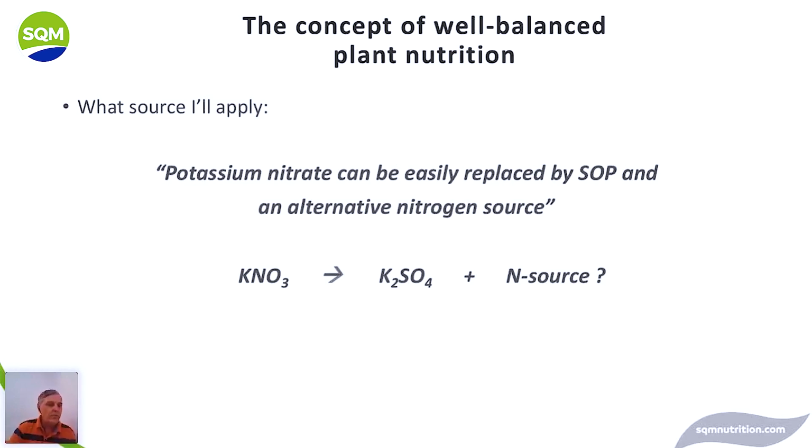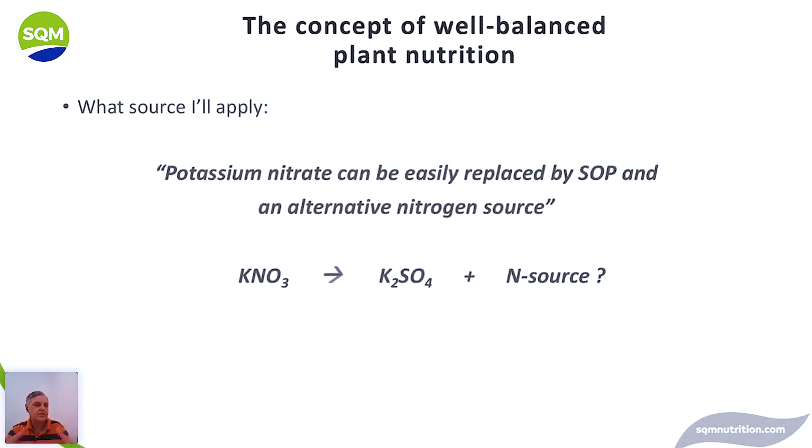From the agronomical point of view, what is the difference if I want to be efficient and increase yield and quality? Which one of these 3 sources should I use to be efficient with my plant? This is what I would like to discuss with you now. We can compare, for example, potassium nitrate. Let's say potassium nitrate, you apply 13% nitrogen, 45, 46% potassium.